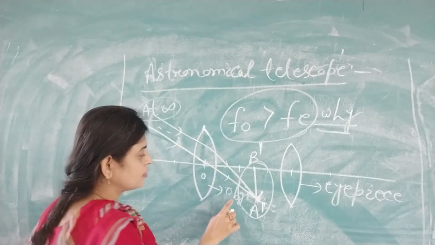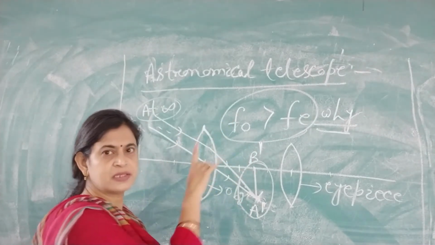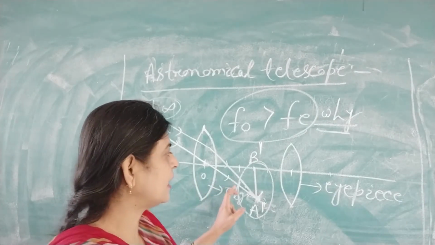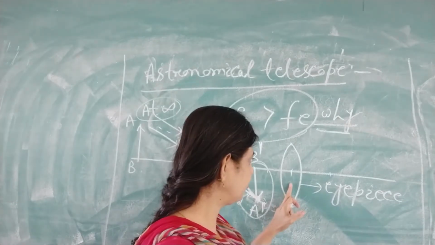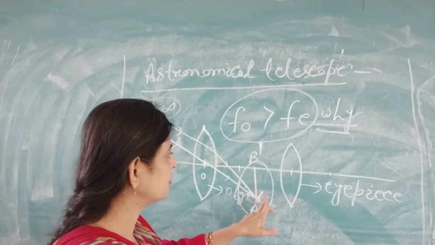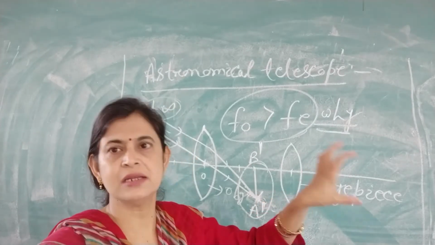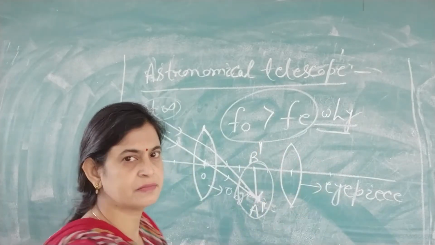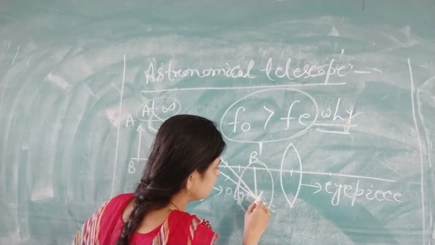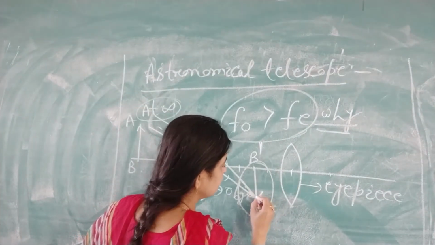First you have to find the image formed by the objective, and that image will act as an object for the eyepiece. Then you can find the final position of the image for the eyepiece. Now this A dash B dash is the object for the eyepiece.